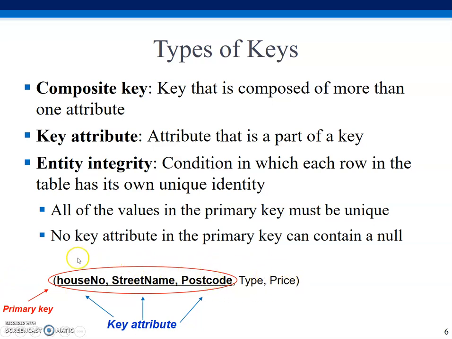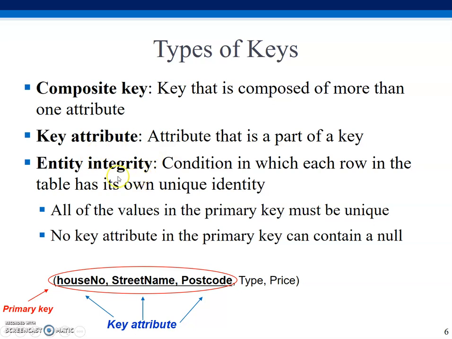If I use a combination of three fields to make a primary key, this combination of three fields is a primary key, which is also a composite key. Any one of these is known as a key attribute. So if I ask you for an example of a key attribute for this table, you can say house number, street name, or postcode.